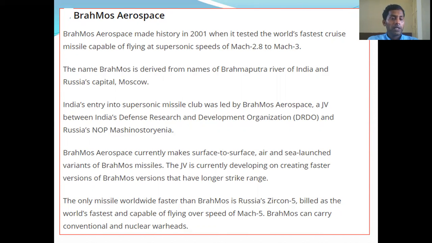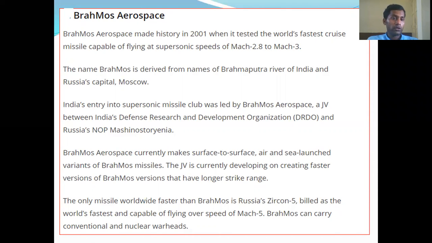India's entry into the supersonic missile club was led by BrahMos Aerospace, a joint venture between India's Defence Research and Development Organisation, that's DRDO, and Russia's NPO. Both jointly prepared the supersonic missile called the BrahMos missile.